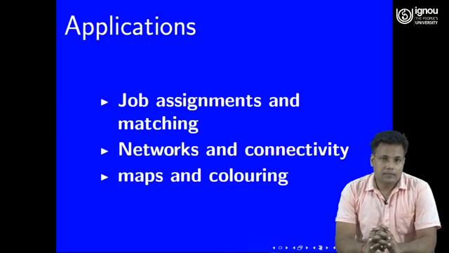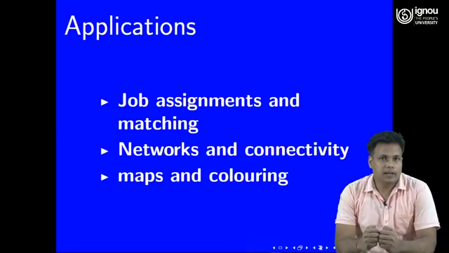Some applicants might have applied for more than one job, and in that case you will be interested in finding suitable candidates in such a way that each candidate gets exactly one job. So this problem can be transformed into a graph theoretical problem and solved through graph theoretical concepts.